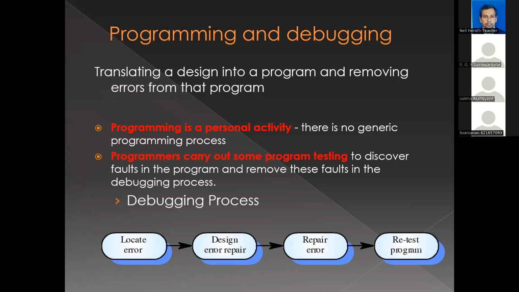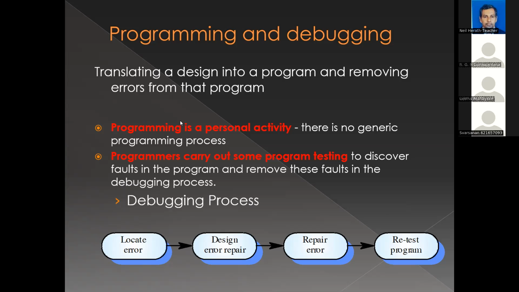And as the programmer or the developer, you will have to remove those errors from that program. That we call debugging. So if you look at the diagram at the bottom, it says locate error. And you have to design how to resolve or repair that error. And then you repair the error and retest the program.